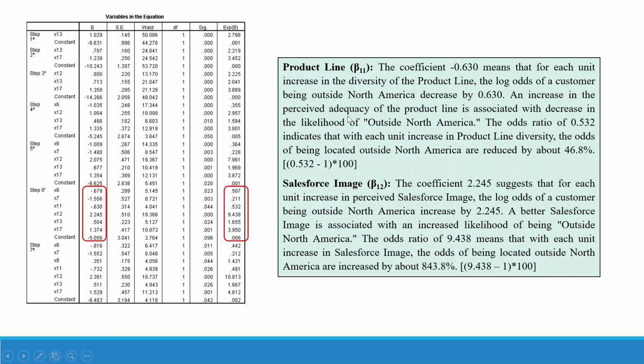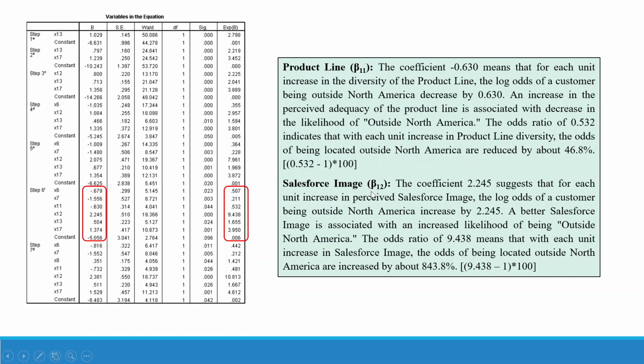An increase in the perceived adequacy of the product line is associated with the decrease in the likelihood of outside North America. The odds ratio of 0.532 indicates that with each unit increase in product line diversity, the odds of being located outside North America are reduced by about 46.8%. How? 0.532 minus 1 into 100.